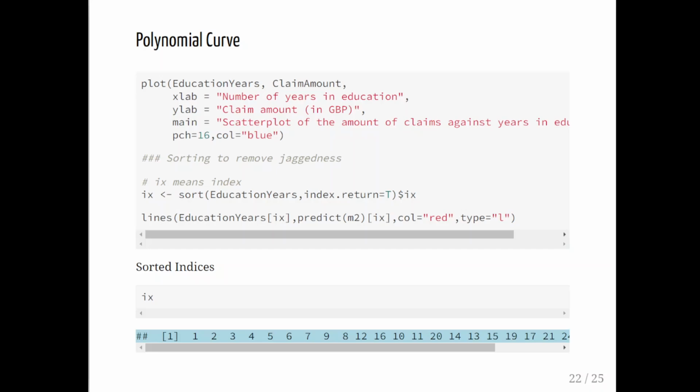So what I'm going to do here is sort it by index of EducationYears. So essentially, I'm going to sort the EducationYears, so it's an ever increasing number of values. Okay, so it's sorted. But what I want to do there is get the index of each of the sorted values. So 1 is lowest, 2 is second lowest, etc.